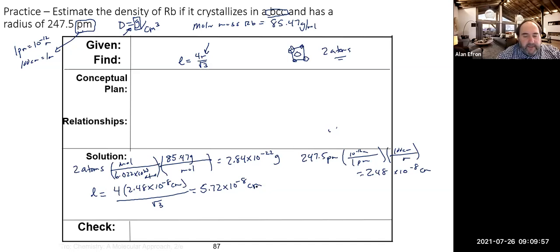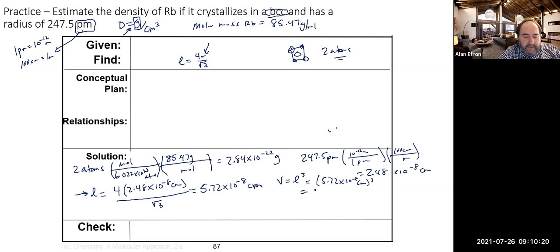And again, we want to remember that this is not a volume at this point, it's just centimeters, so it is still a length. Because all these are going to be cubic, the volume will be the length cubed, so we just need to cube that number.